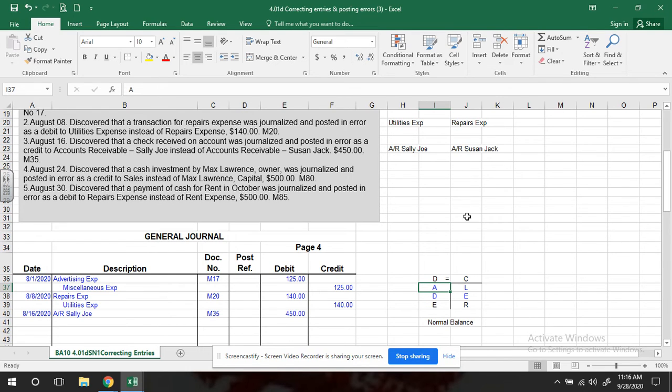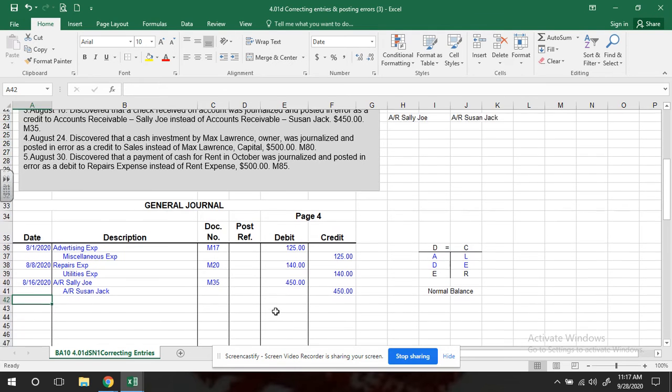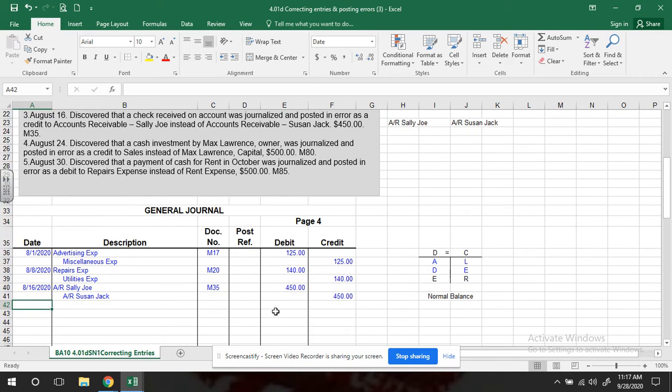So it's decreasing, and that's why it has to be a credit. So we're showing that her account, what she owes us, is decreasing by $450, and that we put that $450 payment back into Sally Joe because she hasn't paid that yet. I hope that makes sense.